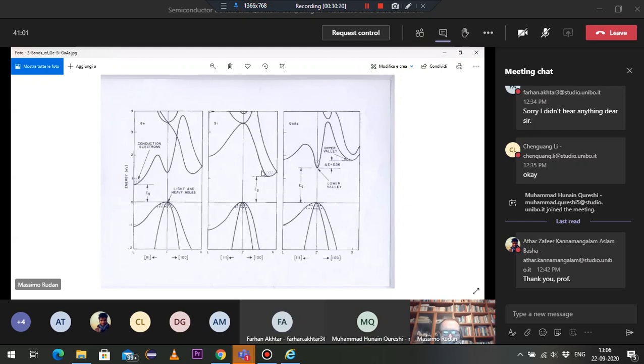So you remember that along the 100 direction there are two minima of the conduction band in silicon. If you consider the 010 direction, we have two more minima. And if you consider the 001 direction, we have two more minima.